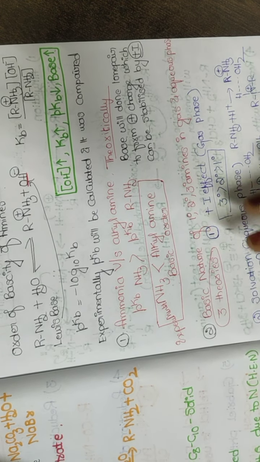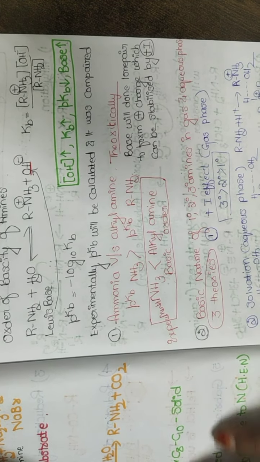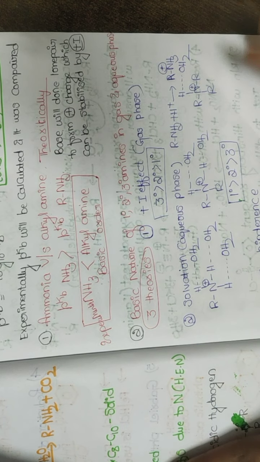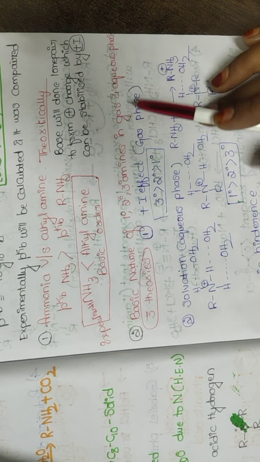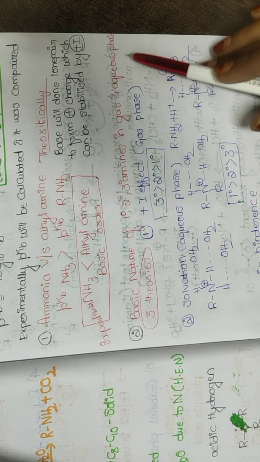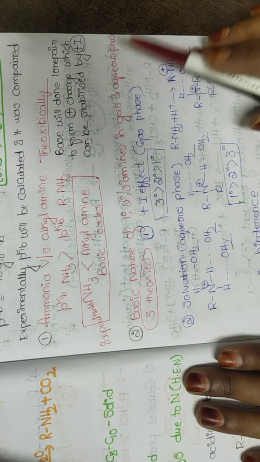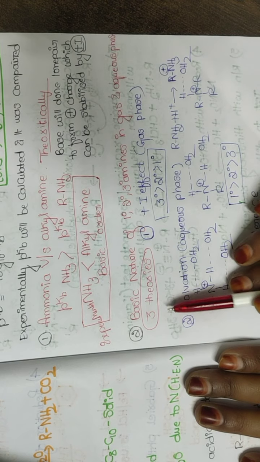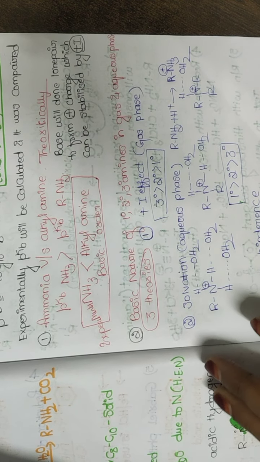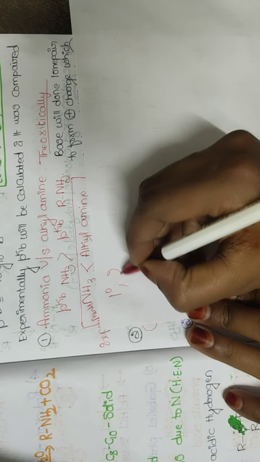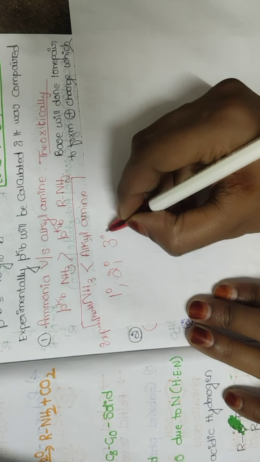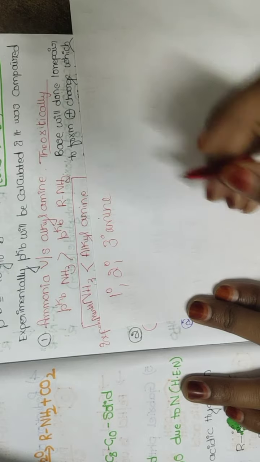Now let us move on to the basic nature in case of primary, secondary, tertiary amines in both gaseous phase as well as in aqueous phase. So there are three theories to understand the basic nature in case of primary, secondary and tertiary amines. So let us understand one by one.